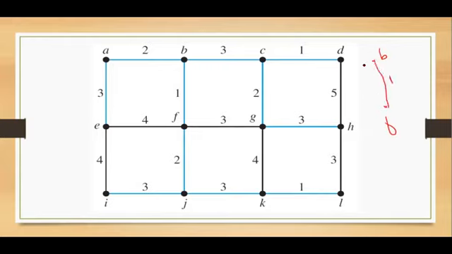After that, keep on adding the edges with minimum weight that do not form a simple circuit. So instead of successively adding edges which are incident, what we are doing is taking the minimum weight edges. So I have taken BF, now I have to check whether I can take CD. The condition is it should not form a cycle when I'm adding it to the tree.